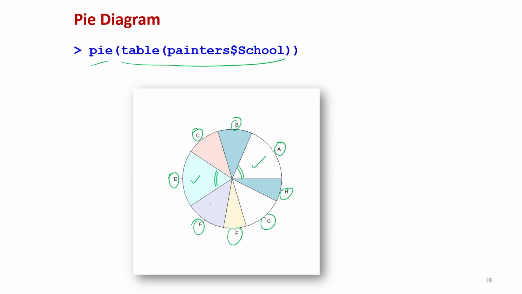For example, if you look at E, G, and B also, you can see that they have almost the same relative frequency. Sometimes these segments may be very close to each other, and it may be difficult to be visually confident that the relative frequencies are exactly the same. But in such cases, you have to use the frequency table.